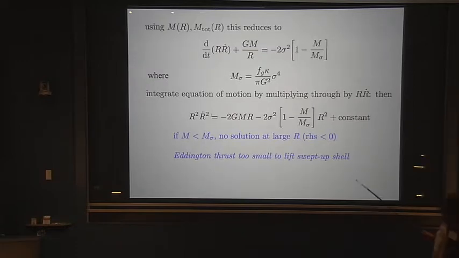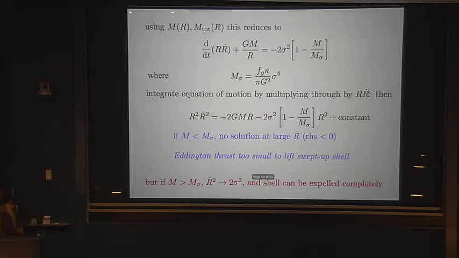And that's because, why is there no solution? Basically, if you think of the power that you have when you've tapped the Eddington luminosity, there's just not enough thrust to lift up and move the shell any further. So basically, you tap out after a certain critical radius. Okay? So you can reach only so far.